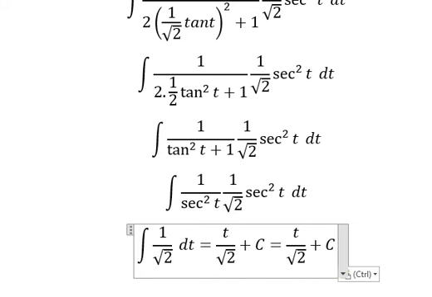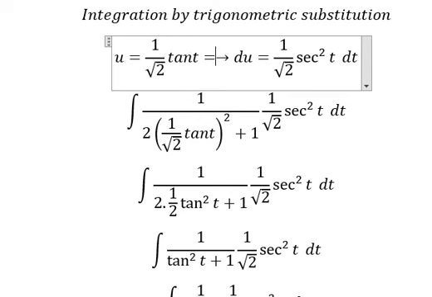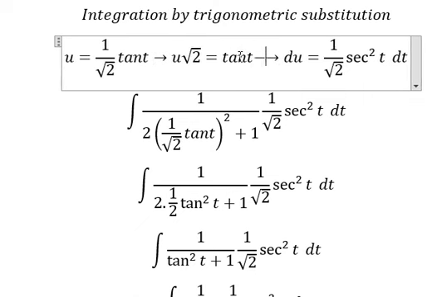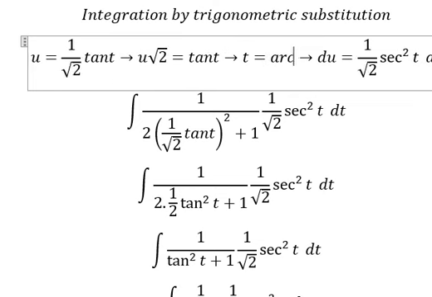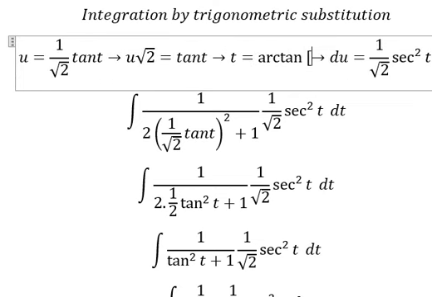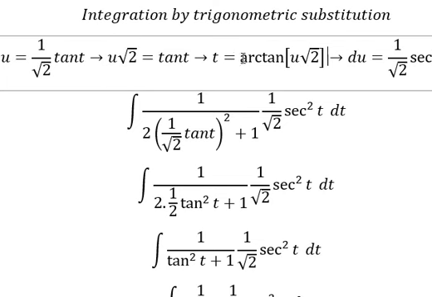About t, we need to return back this one. So we multiply both sides by the square root of number 2. Later we get t equals arc tan of this one. So we put this one to replace t.